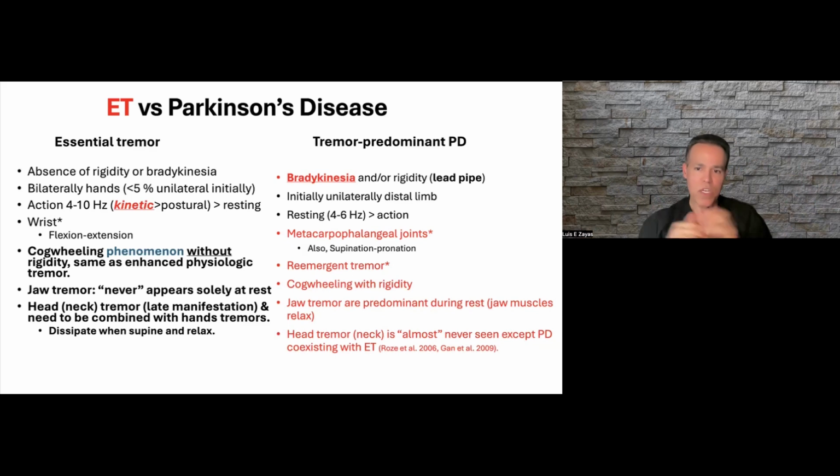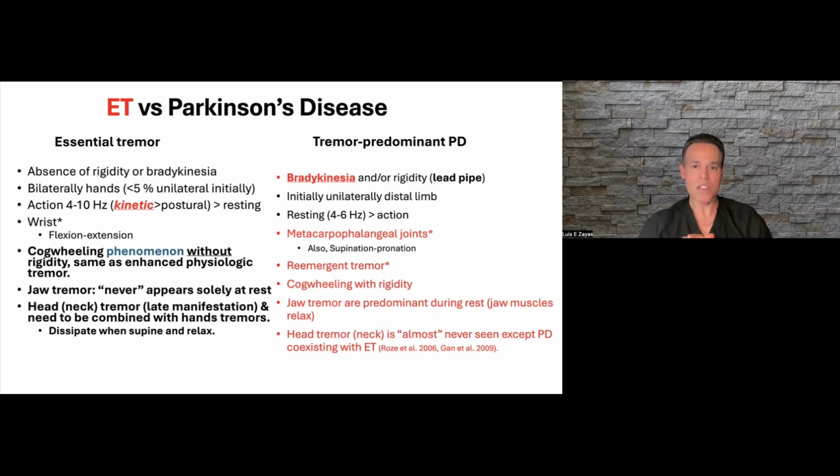But if you check the literature, head tremor is most common in females. Head tremor is almost never seen in Parkinson's disease. This is a red flag against Parkinson's disease unless it coexists with essential tremor, okay.